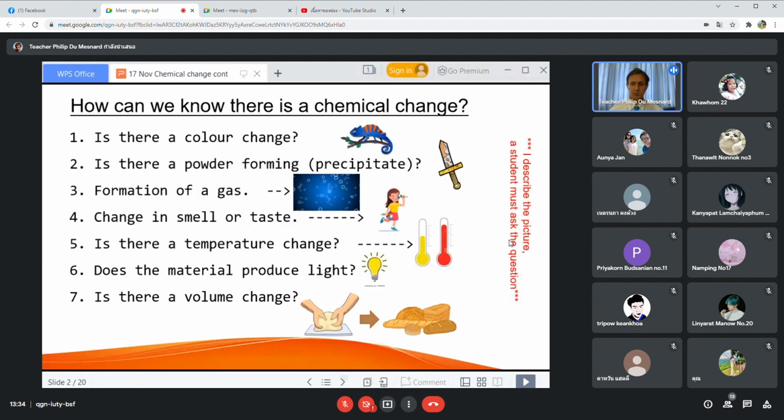First thing I want to do is make sure that you can remember the 7 rules, or the 7 questions, that we have to ask to see, is there a chemical change, yes or no? There are only 7 questions. And I want to practice the questions with the class.